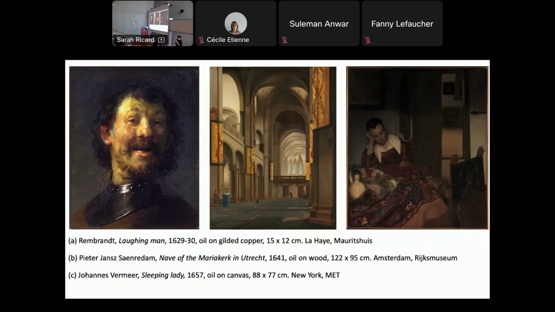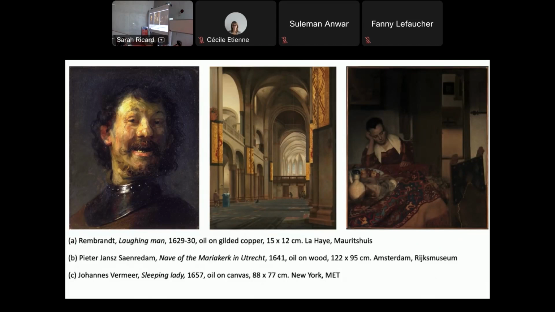So in these three artworks we have use of gold, which is not as visible in each one of them. For instance, in the Rembrandt artwork, you have a gilded copper that has been covered with paint. Later on, the hair of the beard was scratched, in a sgraffito-like technique, in order to reveal the underneath gold layer on the copper.